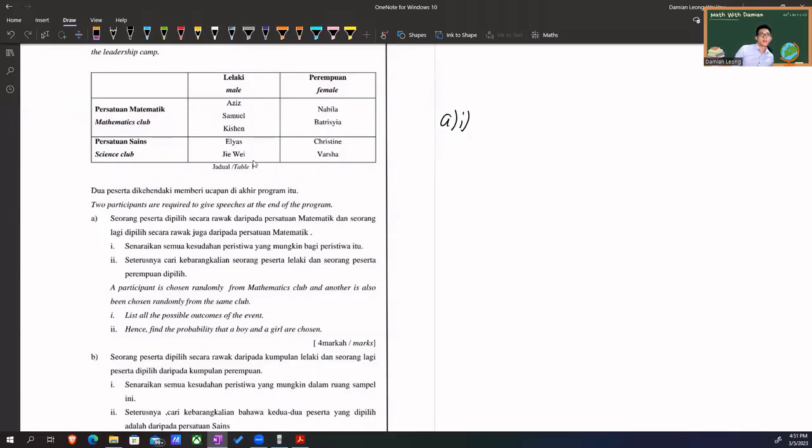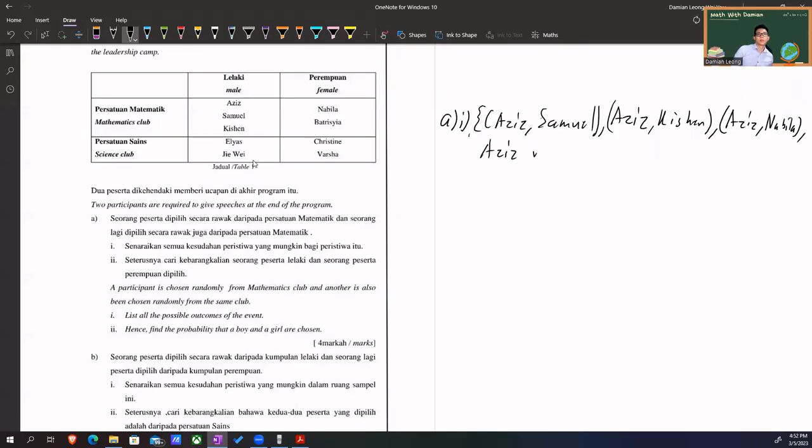So I have Aziz with Samuel, then Aziz again with Kishan, Aziz with Nabila, Aziz with Patricia. Then I already have Aziz with everyone.